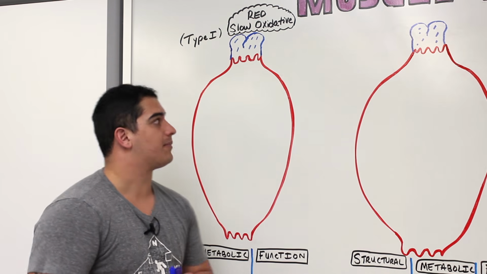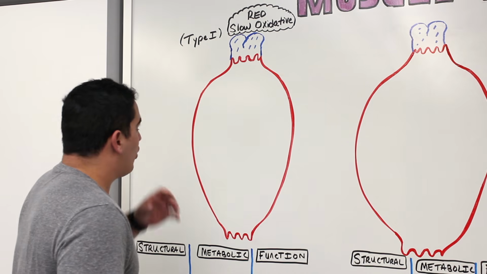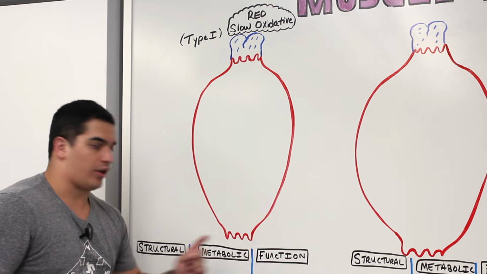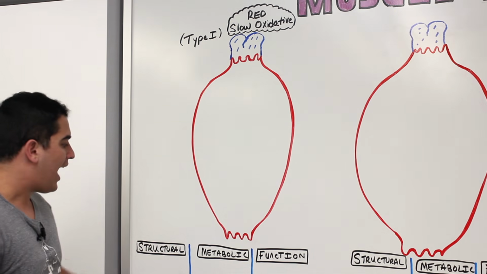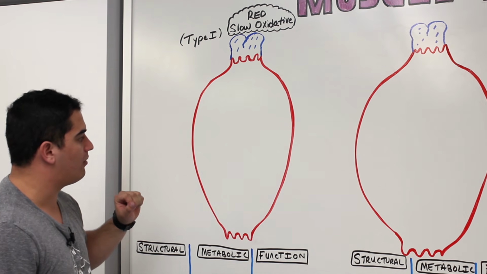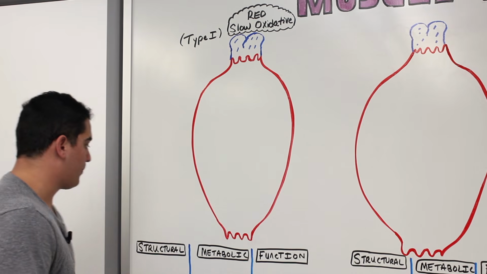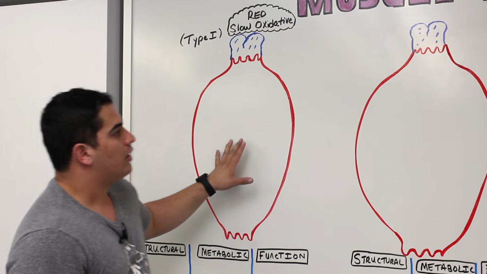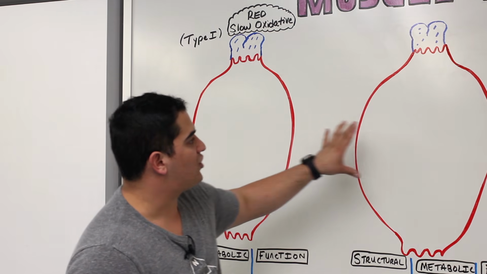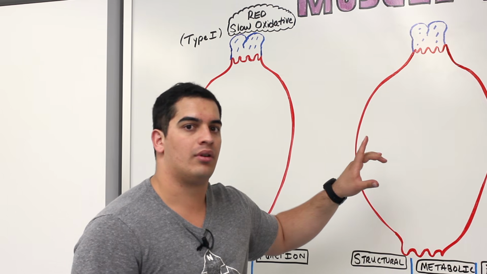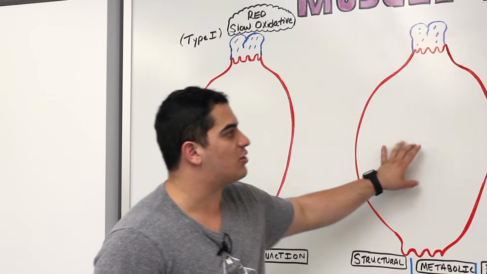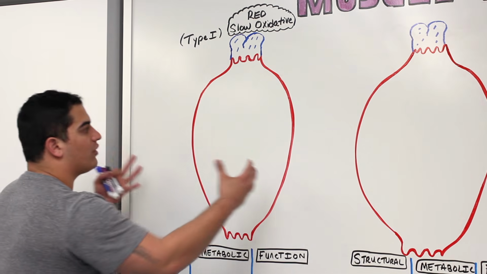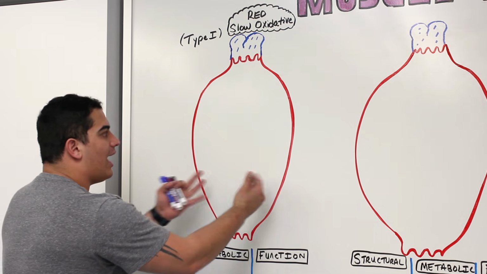skeletal muscle fiber types. All right, let's go ahead and go through each one of these skeletal muscle fiber types in a specific order. Okay, so structurally, how is this Type 1 skeletal muscle fiber different from these other two? Well, the first thing about its structure is that if you guys notice, this muscle fiber is a lot smaller than the other two. So because this muscle fiber is a lot smaller than the other two, it should be the smallest muscle fiber. So its overall fiber diameter should be a lot less.